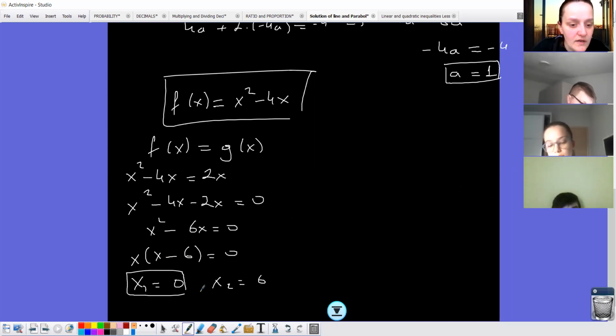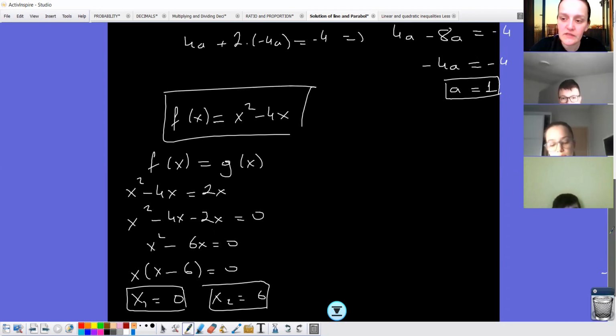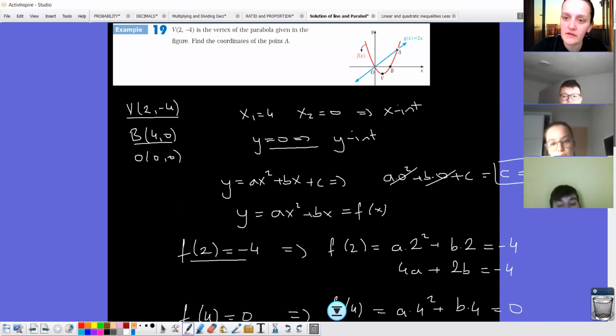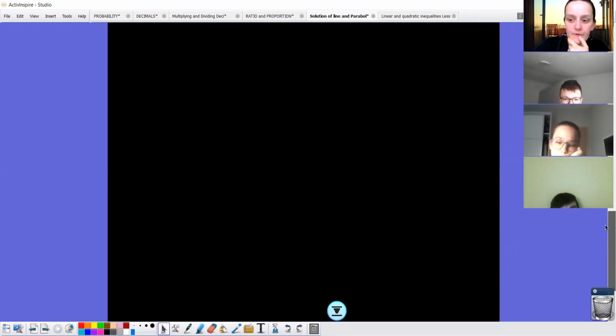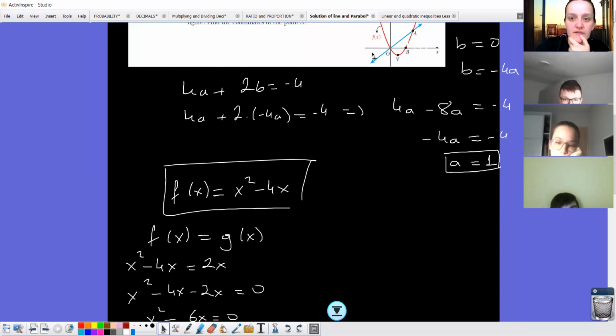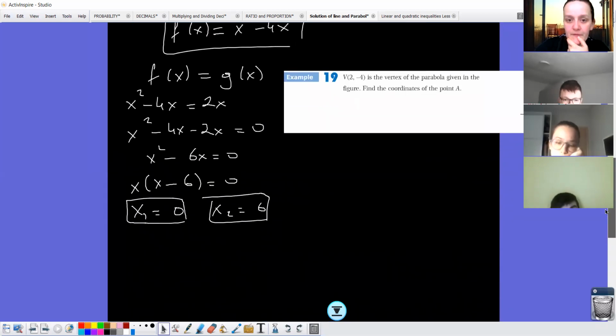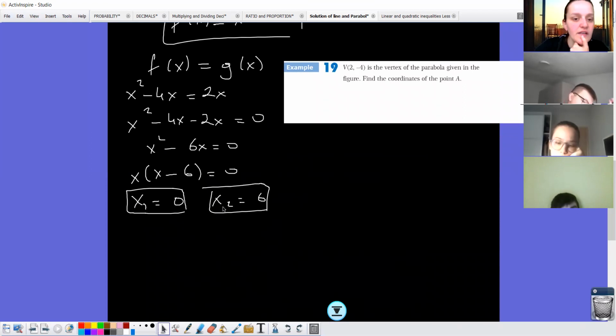So these points, guys, are the points that are common for the parabola and the line. Let's see where the points are in the graph. Now we found x1 is 0 and x2 is 6. Look, the line cuts the parabola in two points.